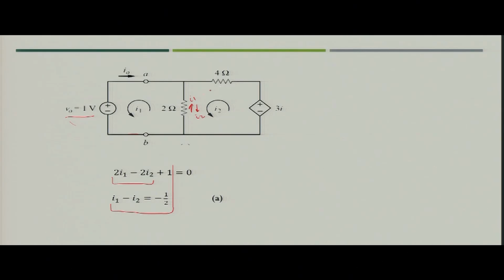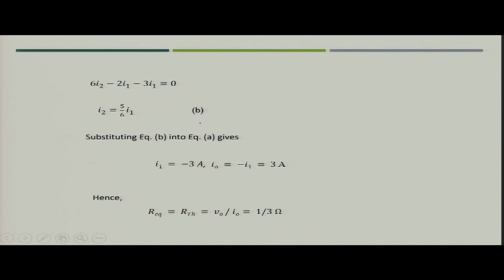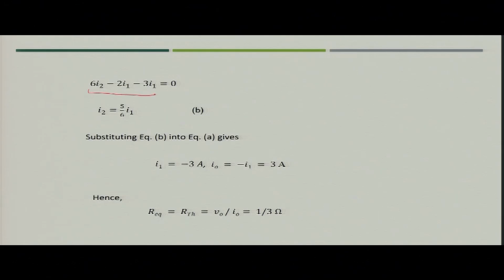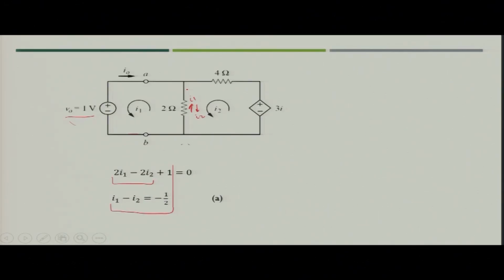Now, for the second loop, what can we write? We can simply write 4 plus 2, 6. So, that is 6 I2 minus 2 I1 minus 3 I1 equal to 0. It is going from minus to plus, that is why it is minus of 3. The value of this is nothing but the current flowing through the inductor.